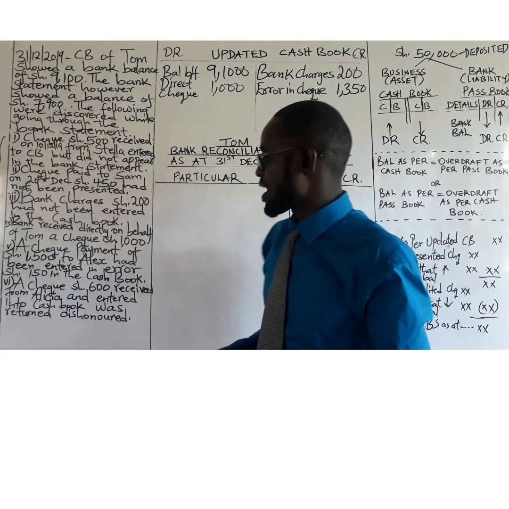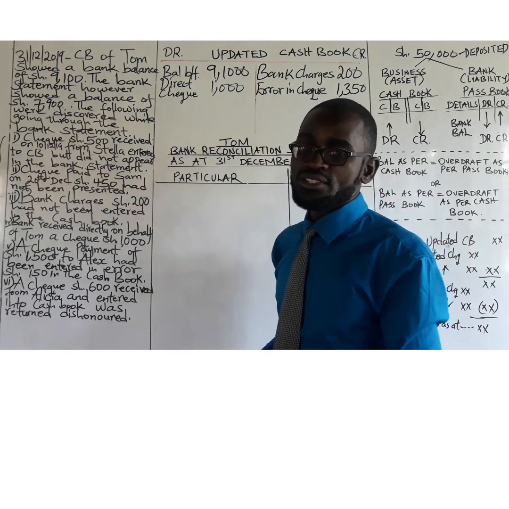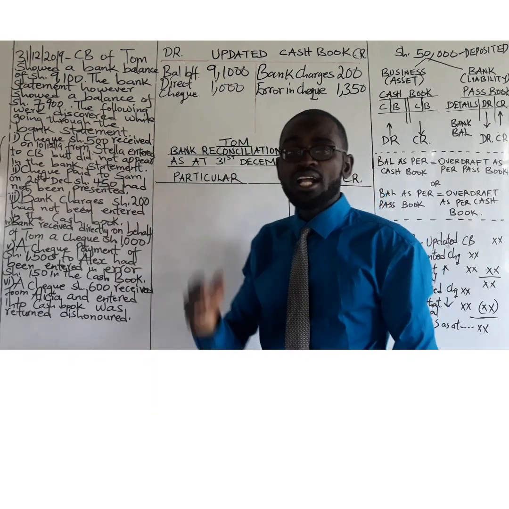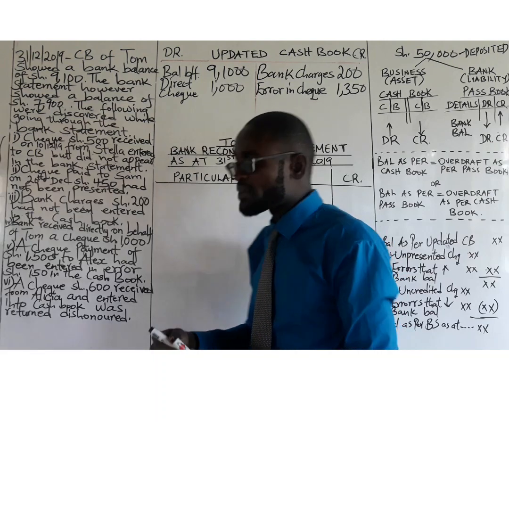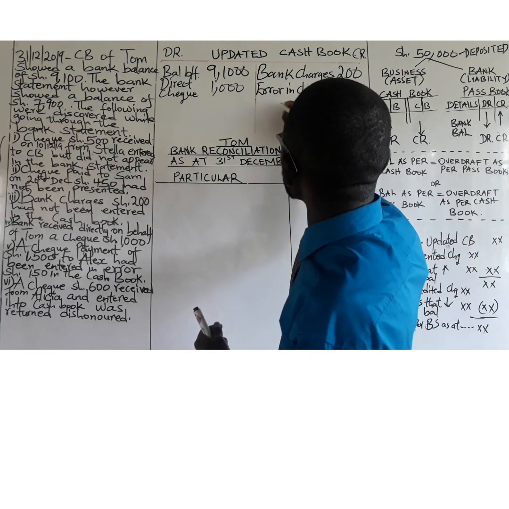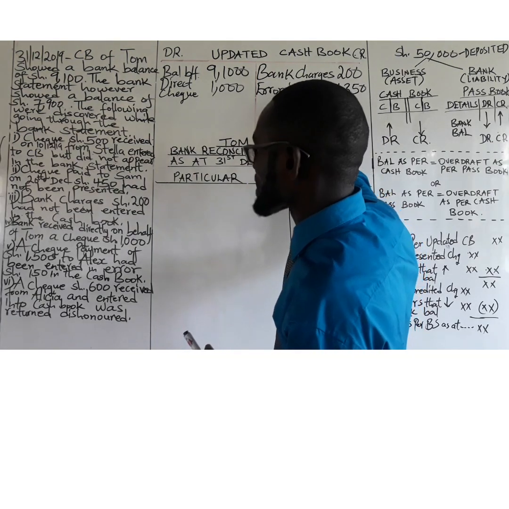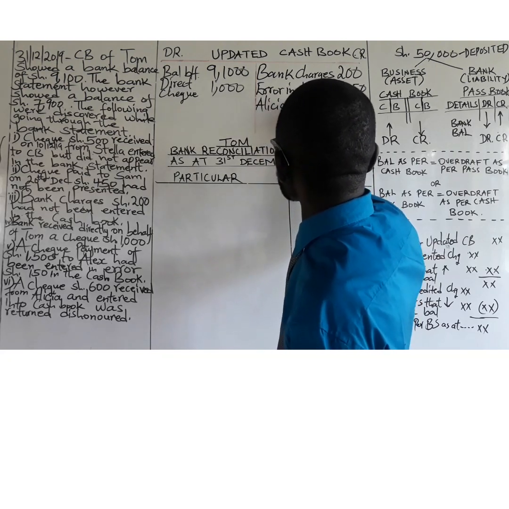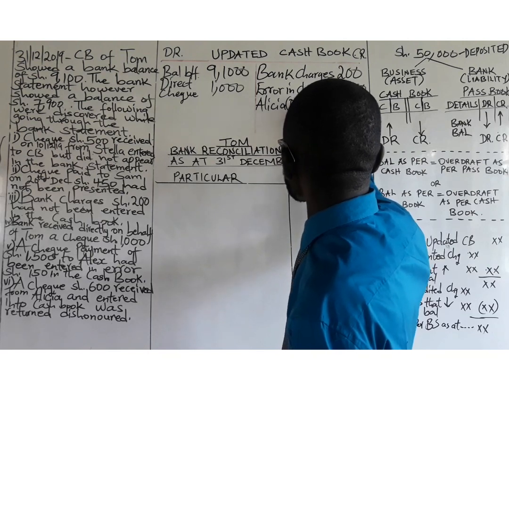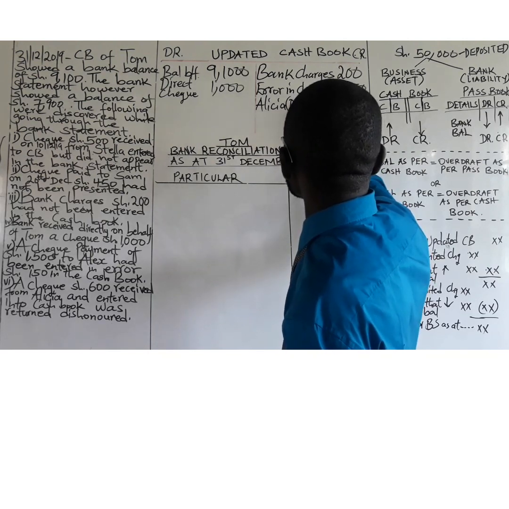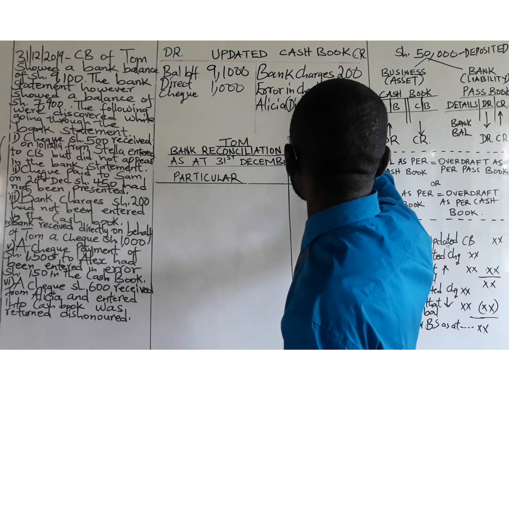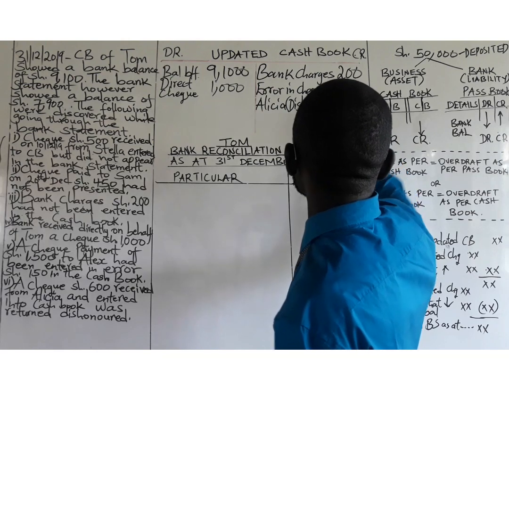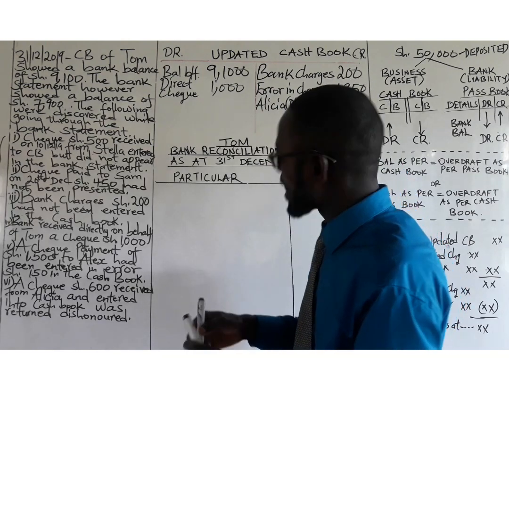Maybe the check had a wrong signatory, the check had expired, and so many reasons. So we are supposed to reduce what had already been received. And when we reduce the cash book, we are going to credit. So we have Alicia corresponding to dishonored. This was a dishonored check of an amount of 600. Then we're supposed to add.